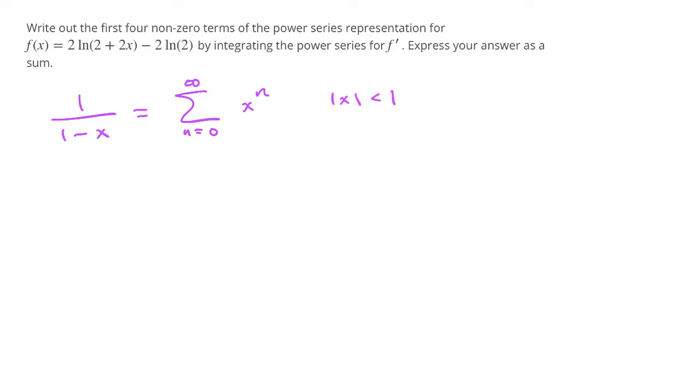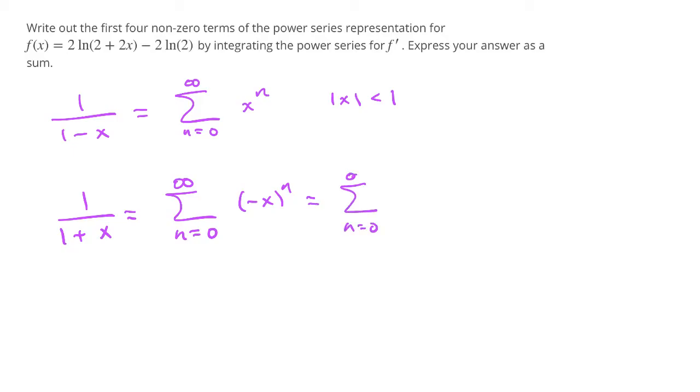Well, just doing a substitution, we obtain the power series for 1 over 1 plus x: the sum from n equals 0 up to infinity of minus x to the n, which gives us the sum from n equals 0 up to infinity of minus 1 to the n, x to the n.